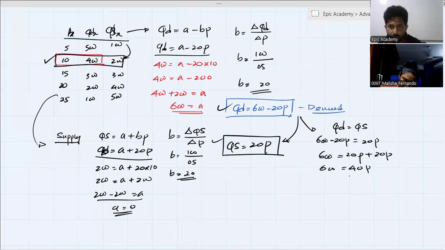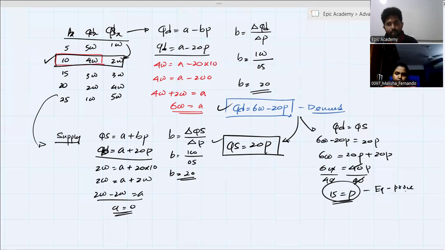600. Then we are going to divide all the parts by 40. 600 divided by 40 is just 15, isn't it? Yes. Equal to P. So then the equilibrium price is just 15.